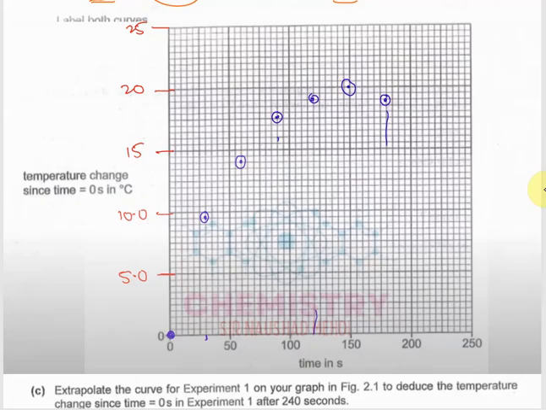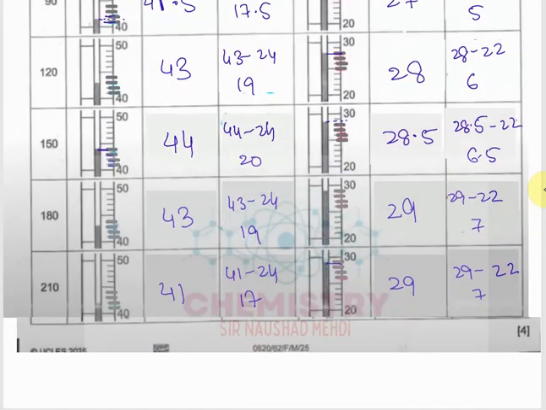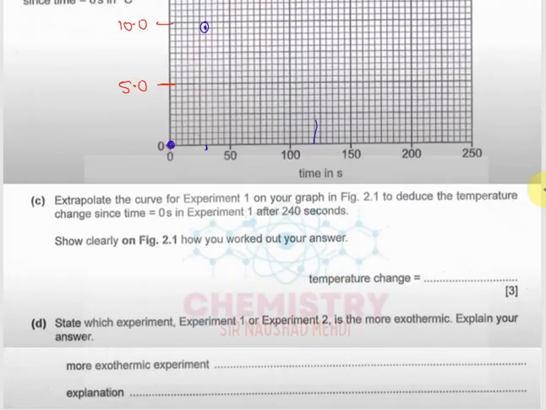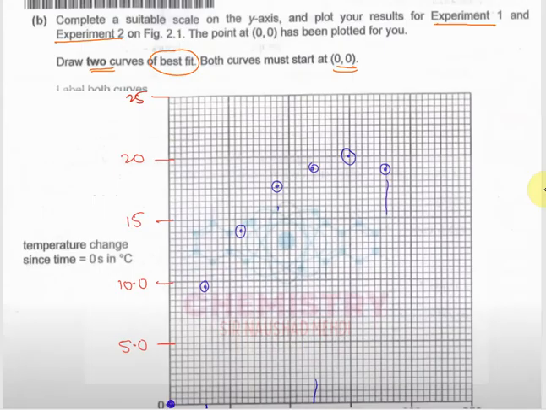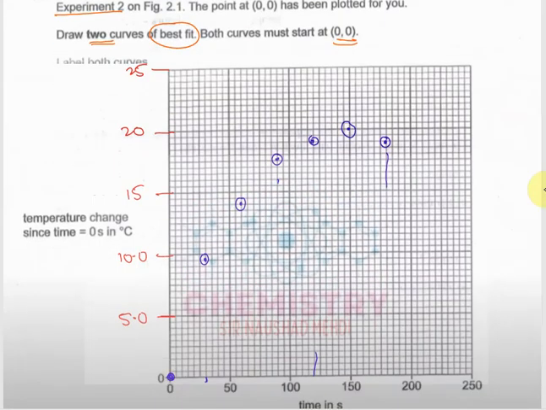Then we have 19, and then at 210 we have 17. So 17 is over here.